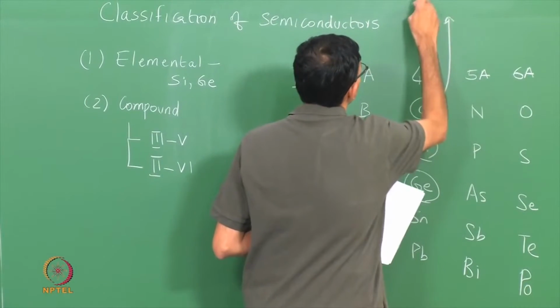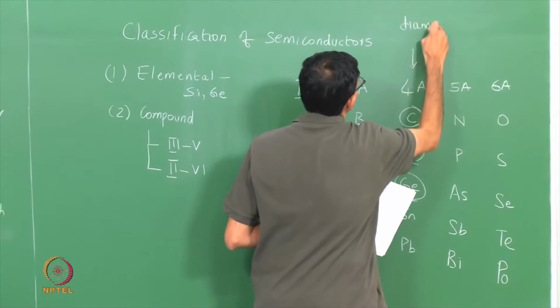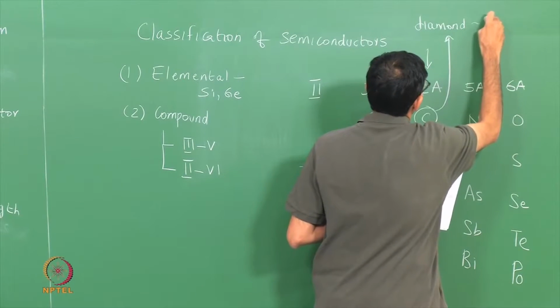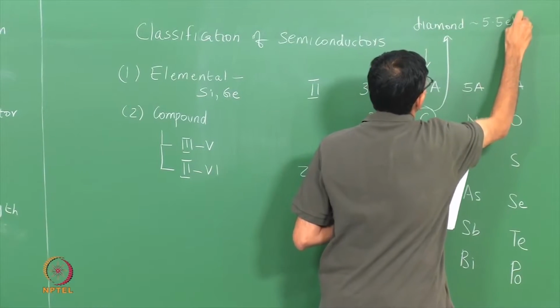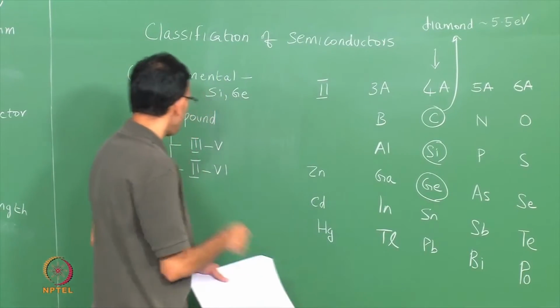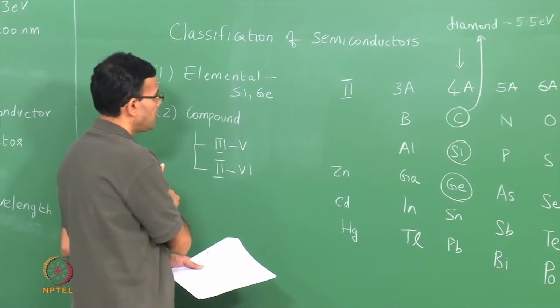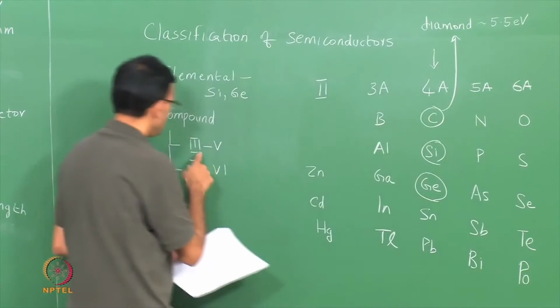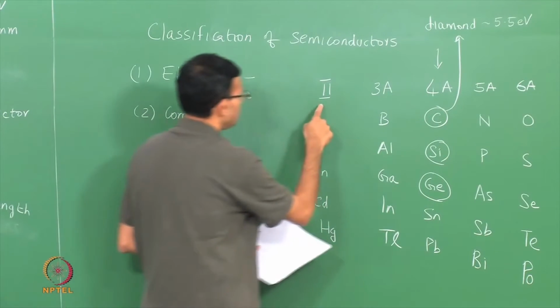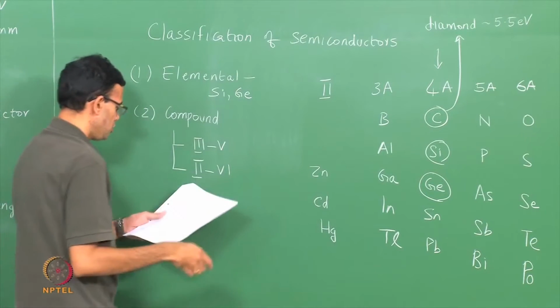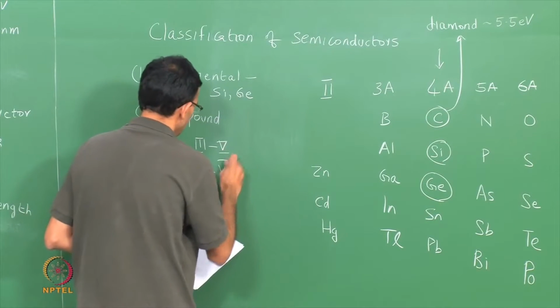So, diamond has a band gap of around 5.5 eV, so that carbon is really an insulator. You can also form semiconductors by using elements from 3 and 5, those are your 3 5s. You can also form 2 and 6, those are your 2 6s. So, some examples of 3 5 and 2 6s.